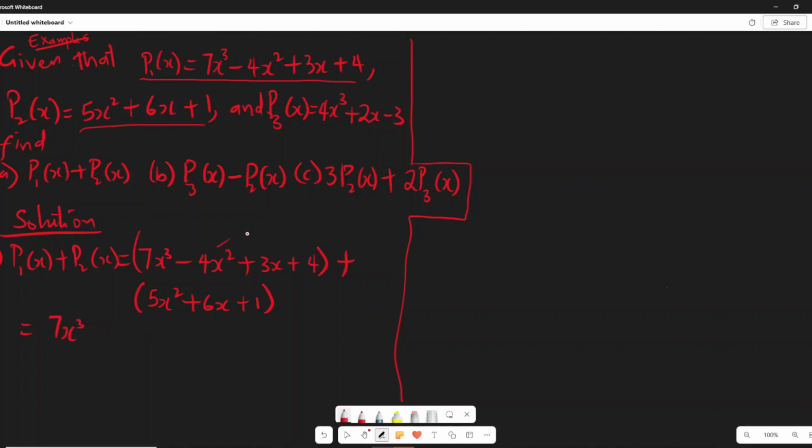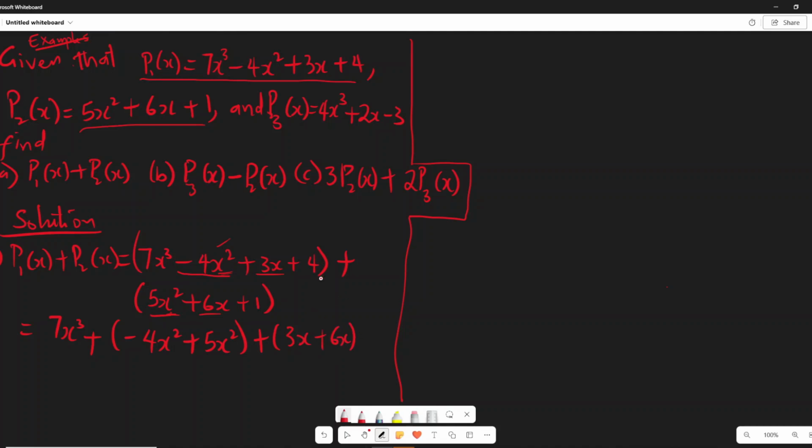However, we have 4x squared, and x squared is also here. So that's how we choose the like terms. X squared is in the first expression and in the second expression. So I'm going to write plus, but in these brackets, I will take this minus alongside: minus 4x squared plus 5x squared, which is gotten from the second expression. And then 3x and 6x, they are like, so plus 3x plus 6x.